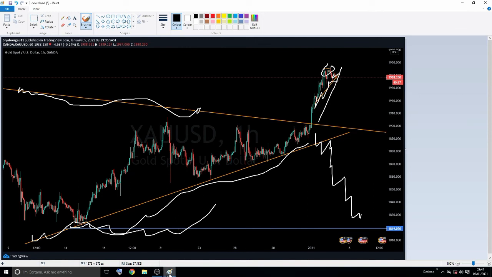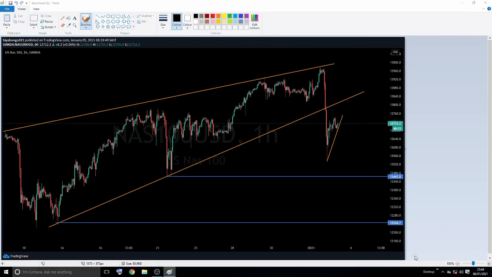So you need to be able to spot the short-term trend and the long-term trend. By long-term and short-term, I mean this bigger one is a long-term, and here we had a short-term that was broken. We had another short-term broken to the upside.